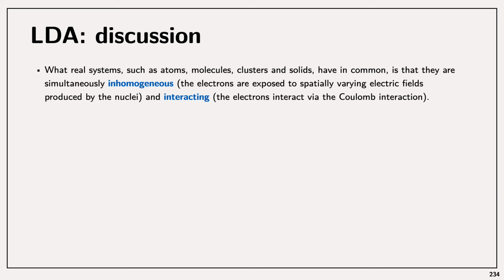Remember that the fact that we are using a homogeneous approximation for the exchange correlation, we are still treating the rest, the independent piece, exactly, if you will. I mean, we have a good description for it. At least the operators are exact. And so the interaction is also included.